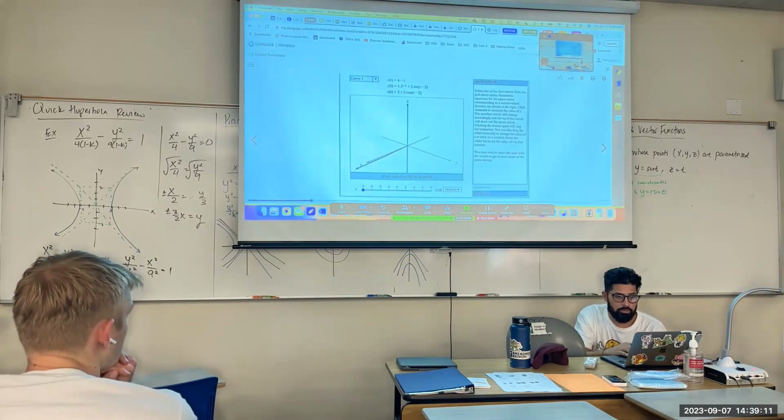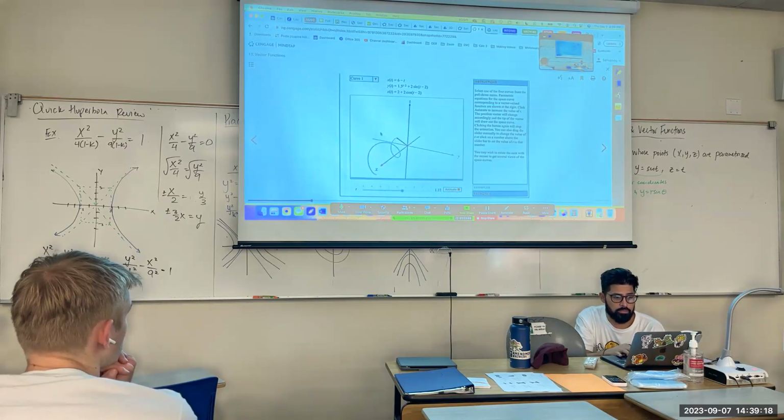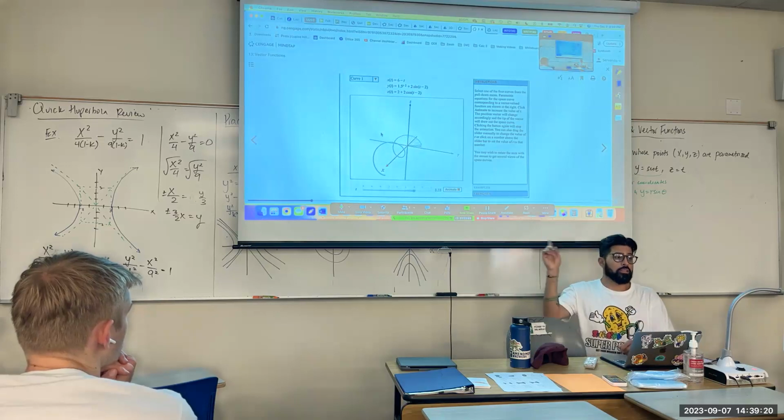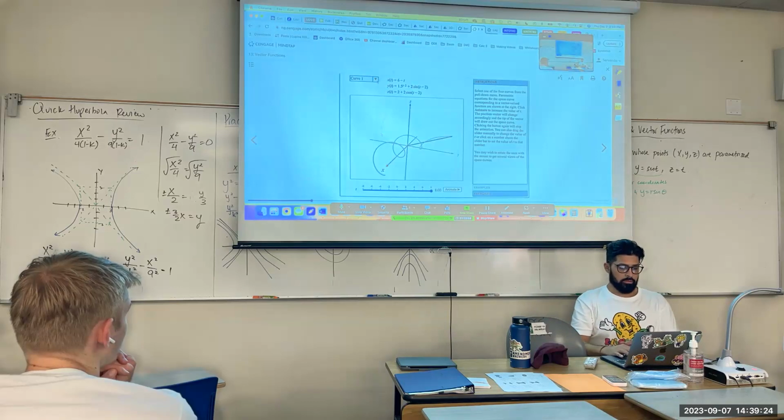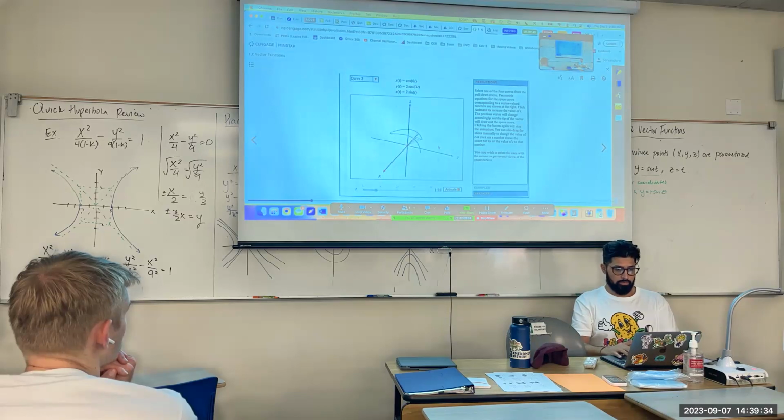This is the curve it's sketching out. As t is increasing, notice the orientation of the points moving through the curve. This is the one we just looked at, and we already saw that one, so let me go to the next one. There's this one here.